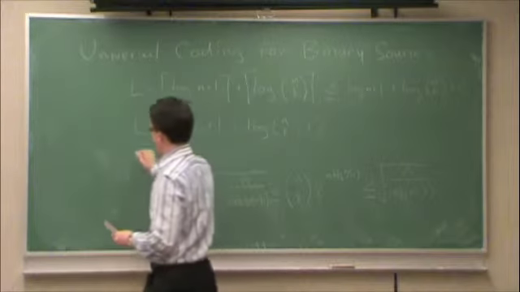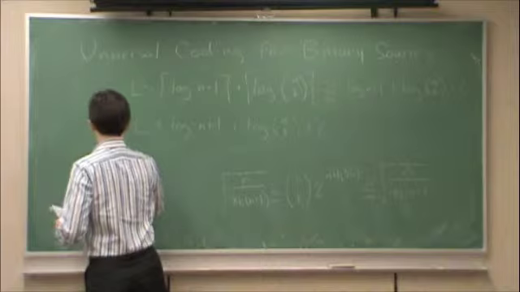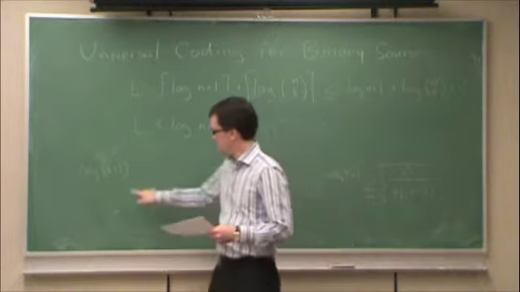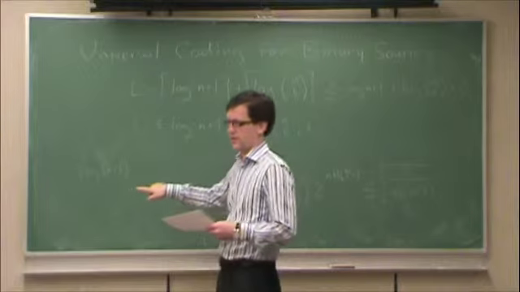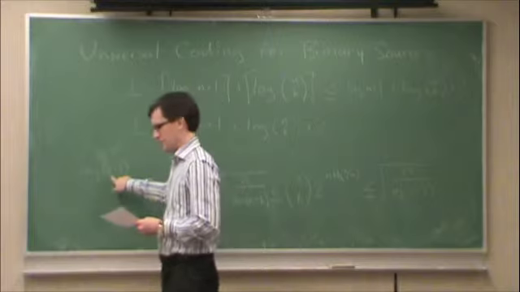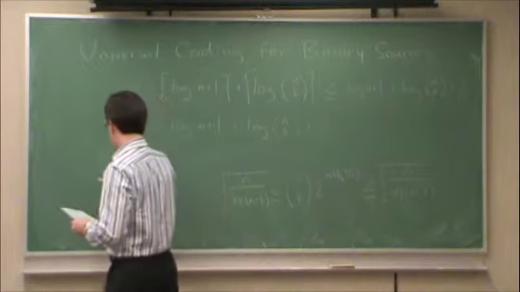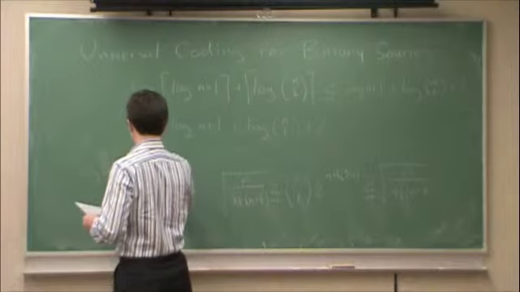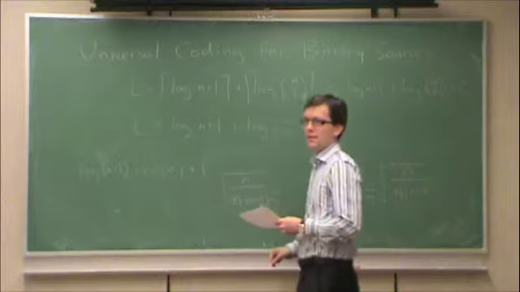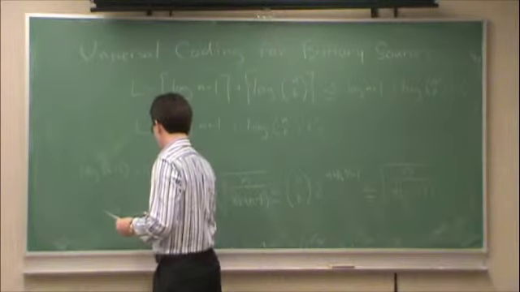I can notice that log of n plus 1, as long as n is greater than 1, which it is in general, is less than or equal to log n plus 1. Basically, I'm just taking the 1 outside, and that's because log looks like this.